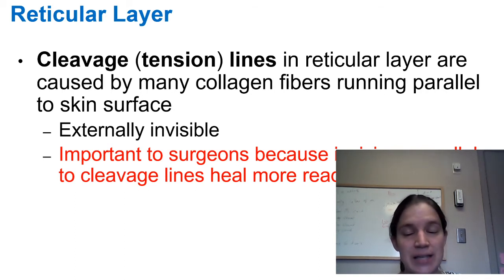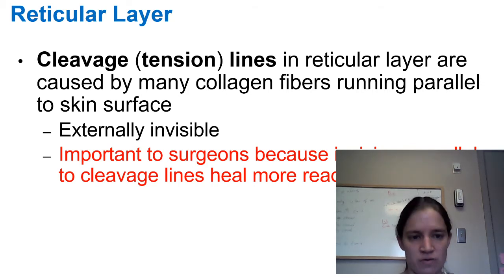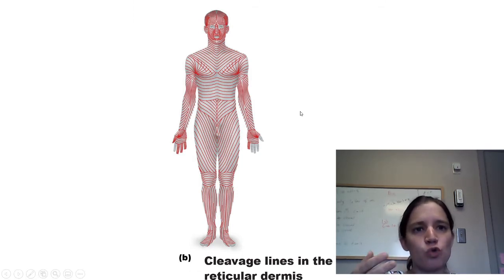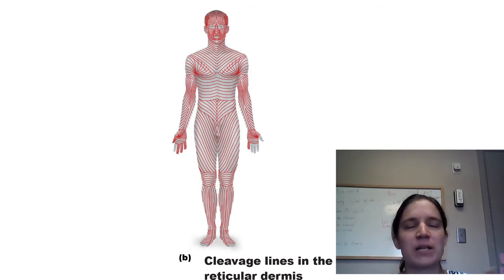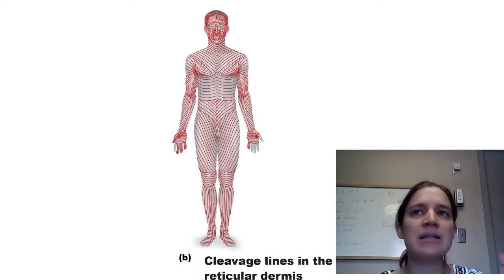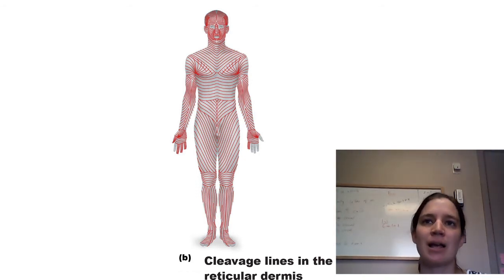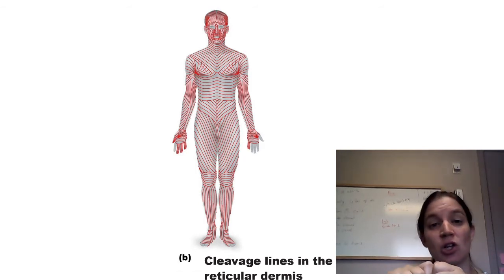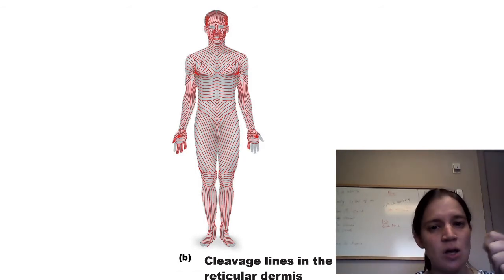This is just a side note, it's not super important, but the reticular layer has all these collagen fibers, right? And collagen fibers run all over the place, but they run in certain patterns. And this is important to know because, kind of how if you're tearing paper, you can tear it along the grain or against the grain.